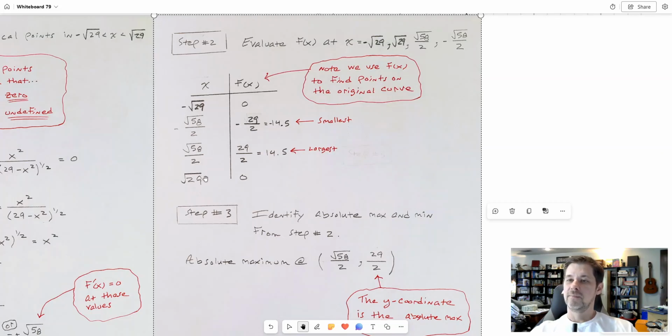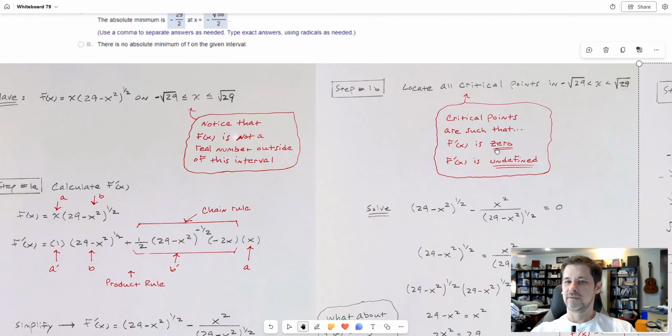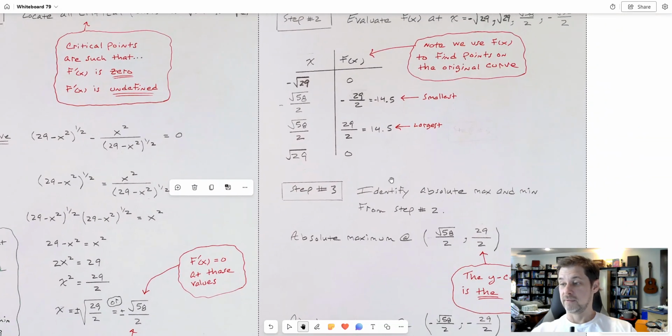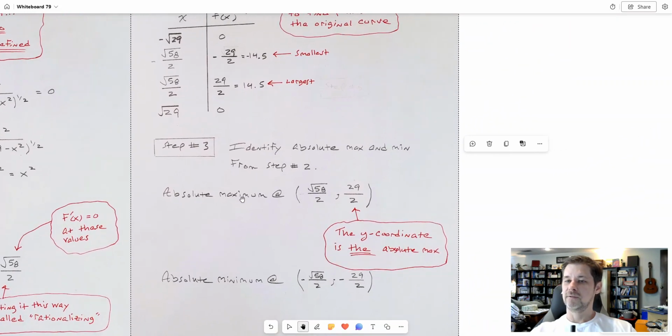Here's what that accomplishes for us. Your highest and lowest points of this curve on that interval must be on this table. There are lots of other numbers we could have plugged in, but the highest and lowest points have to be among the endpoints and the critical numbers. So your absolute maximum is whichever of these is the biggest, and your absolute minimum is whichever is the smallest.